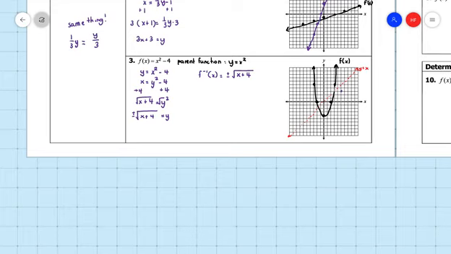So this one. And so once you reflect all your points, then that is what your inverse function would look like.